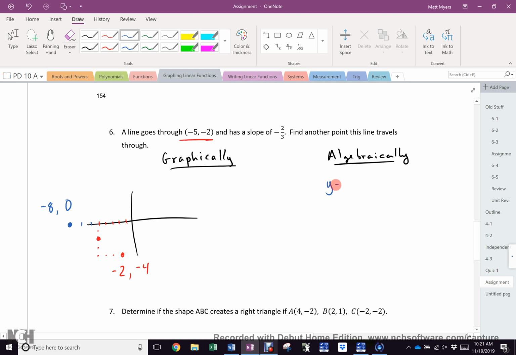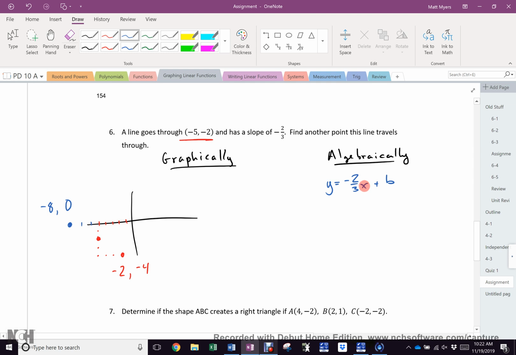Algebraically, y equals negative 2/3 x plus b, correct? Okay. Do I know b? No. B is the y-intercept, yes? Which is what? You don't know. Do I know an x? What is the x that I know?